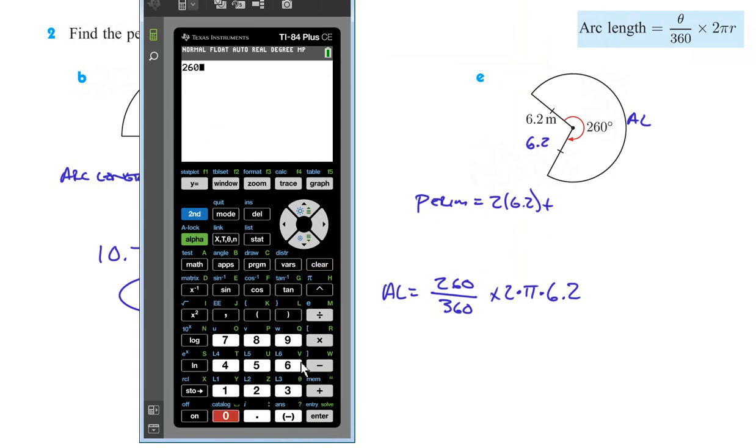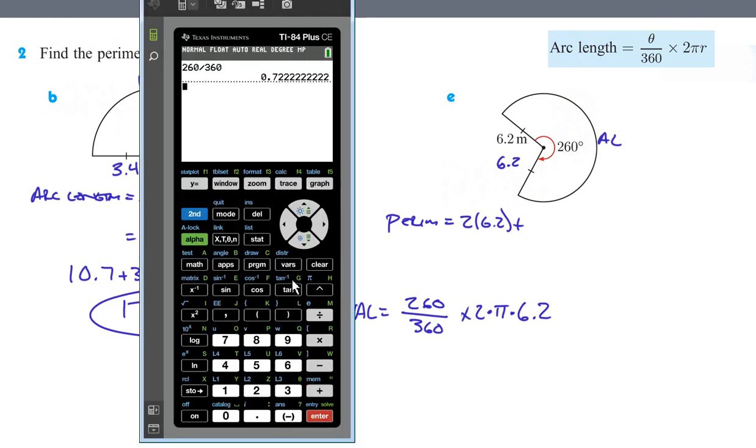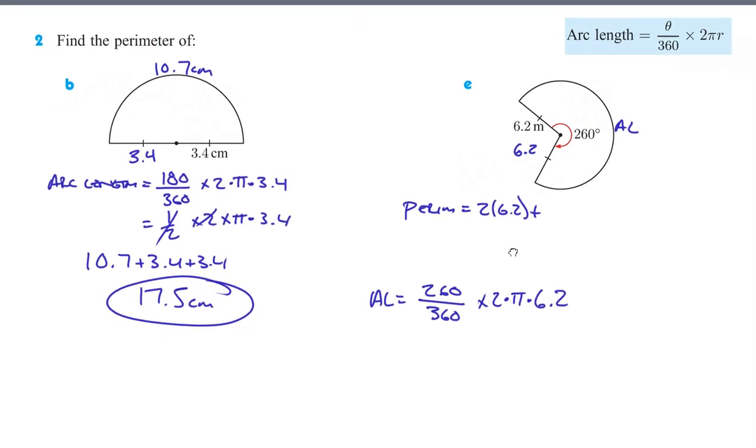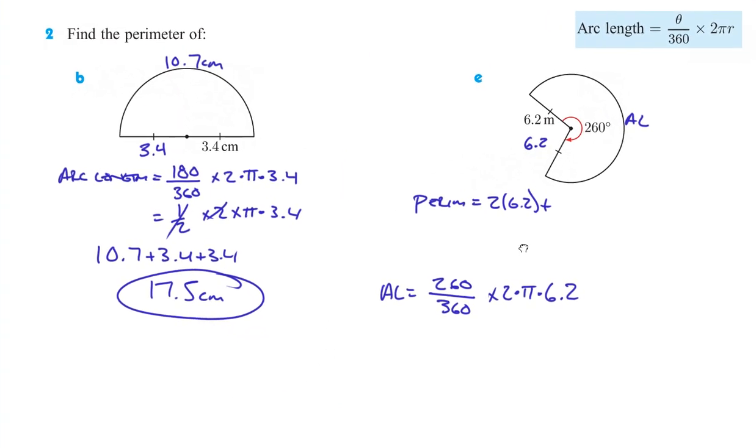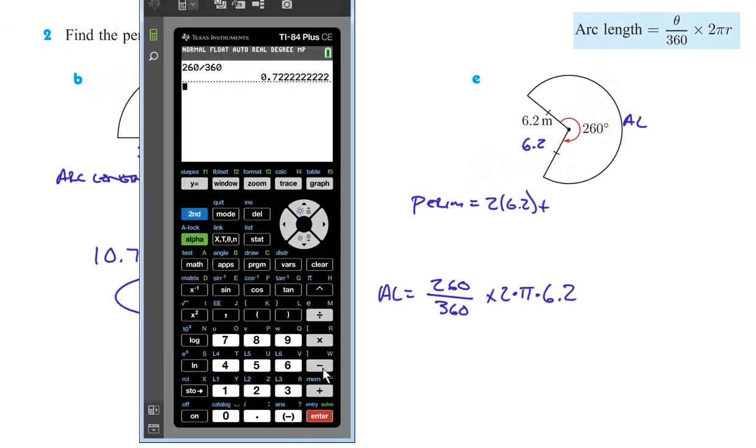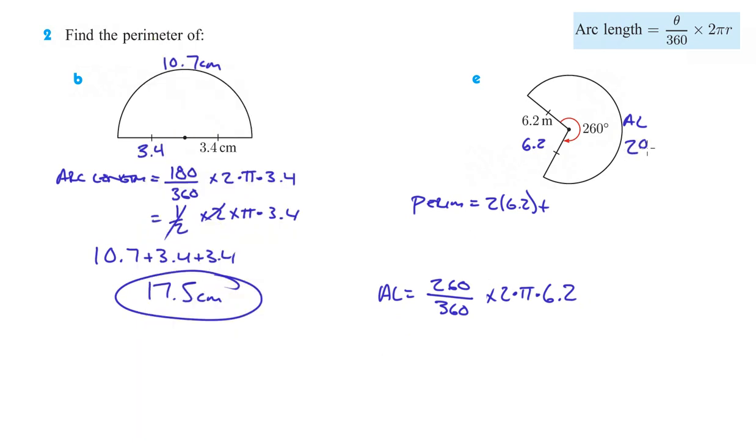So 260 divided by 360, just to give you an idea, is 72, that's 72% of a full circle. Sorry, let's see. So that gives us 72 times 2 times pi times 6.2, and that gives us 28.1, we'll go with. So this is 28.1 for our arc length.